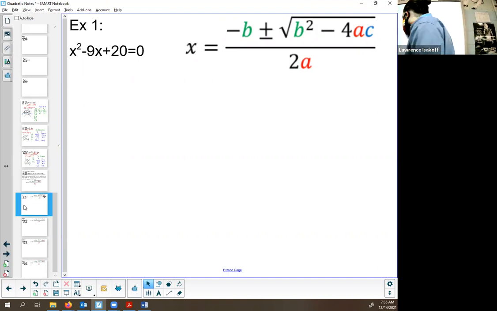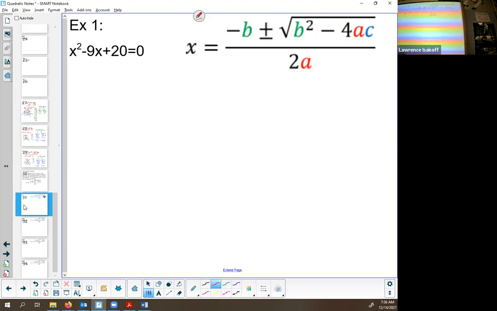So here with this, the first thing we're going to do is identify A, B, and C. It's the same A, B, and C we were using before for the snowflake method. So A, there's something in front of x squared, that's 1. B is -9. And C equals 20.